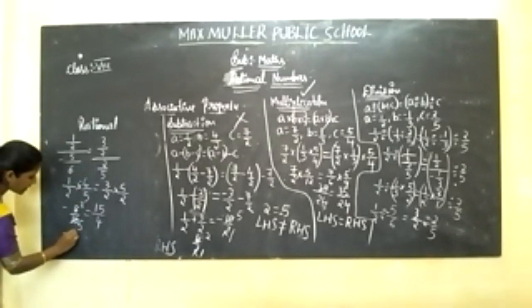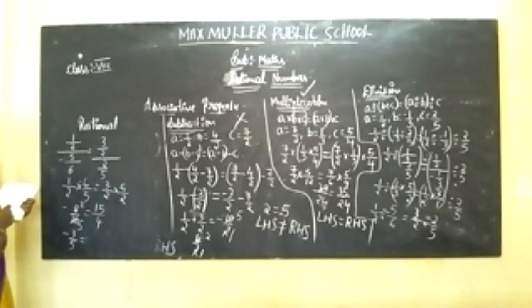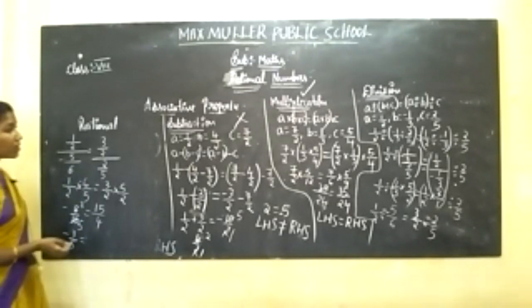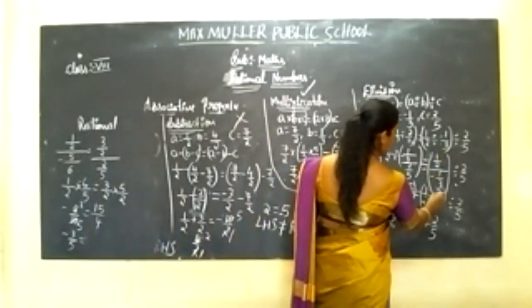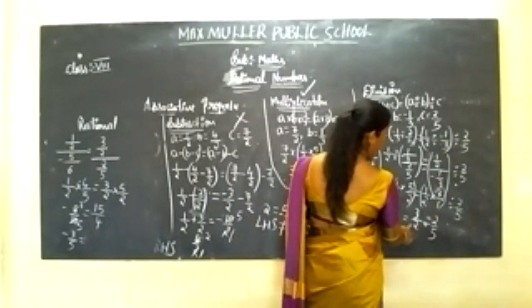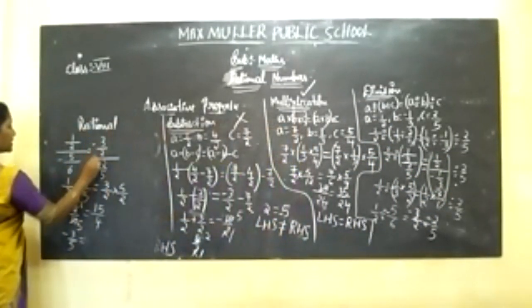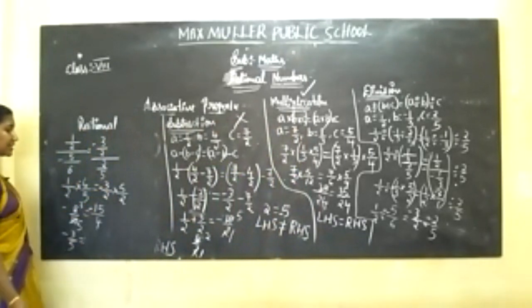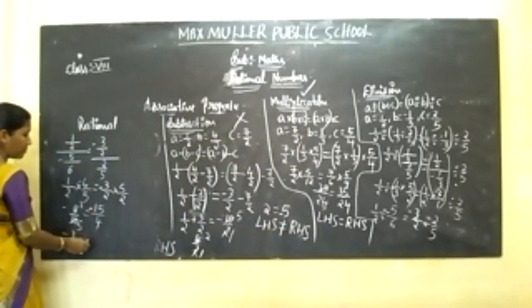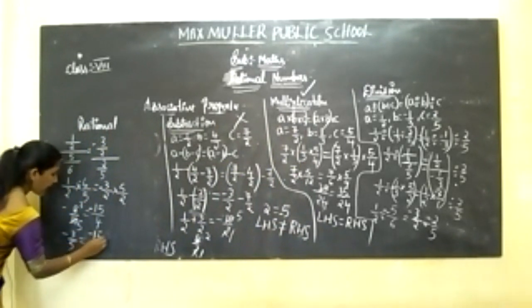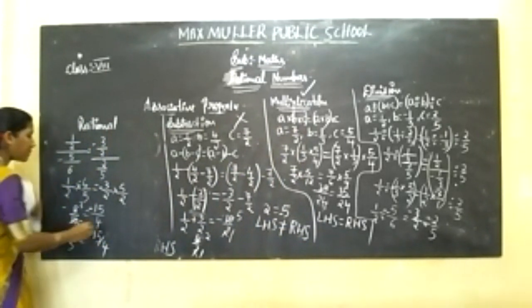So you can write it as minus 3 by 5 is equal to 15 by 4. Here also somewhere we have missed the sign, that is minus 1 by 3 here, minus 3 by 1, and here minus 3 by 2, here also minus 3 by 2. So here it is 5 3s are 15, plus into minus, minus 15 by 4. You can write as it is. So here this cannot be further simplified. You have to keep as it is.